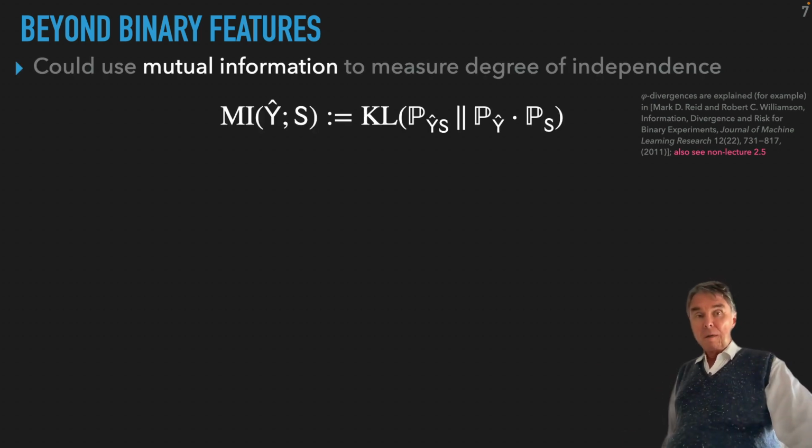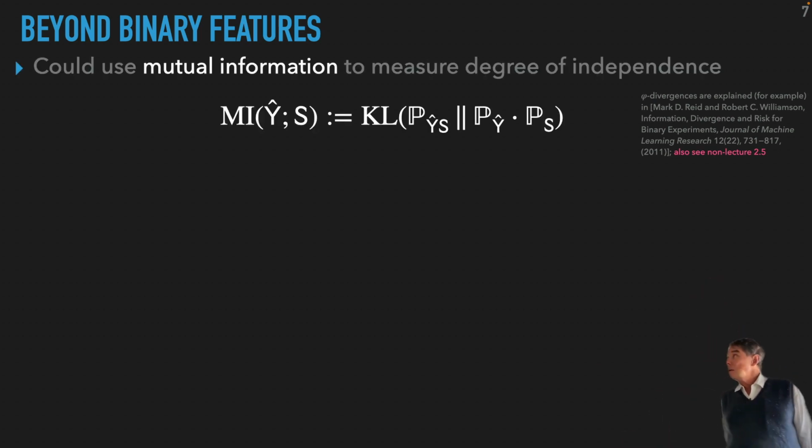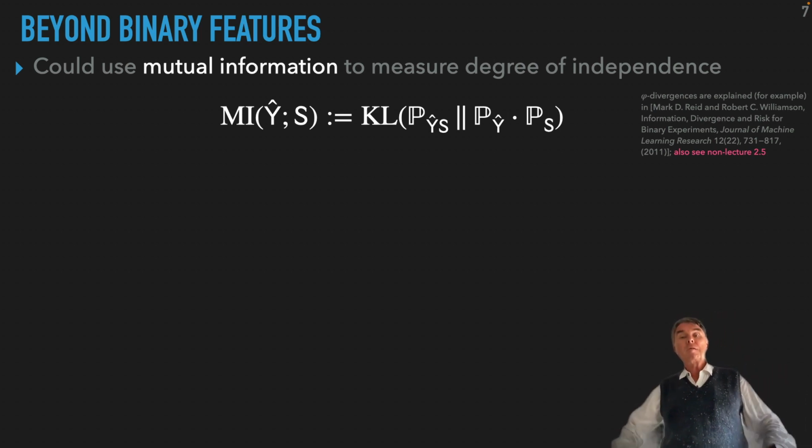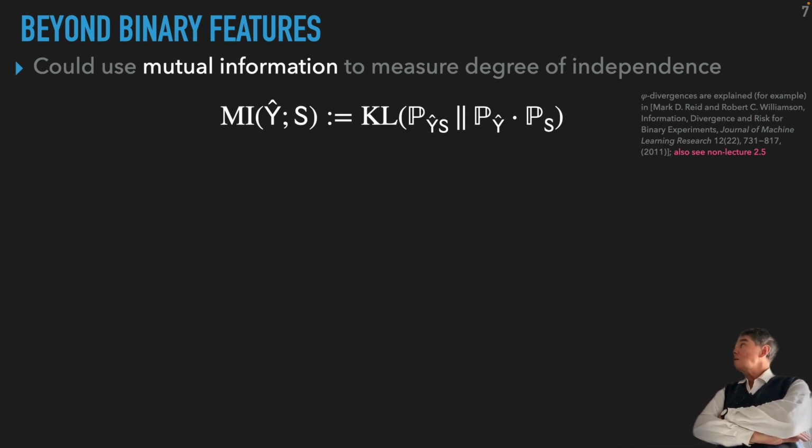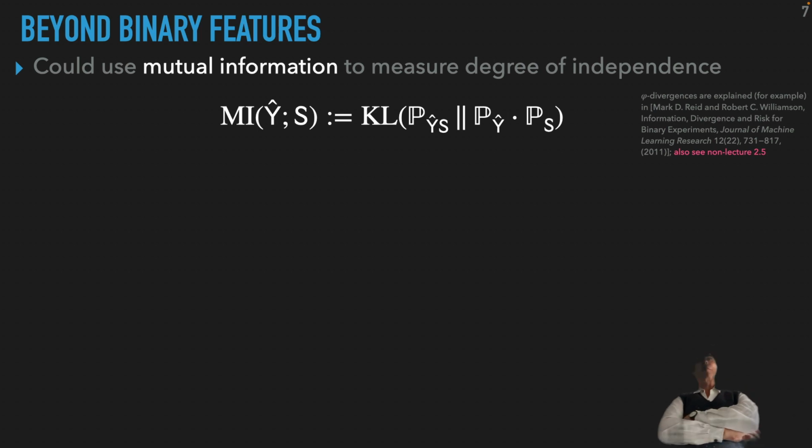Indeed there is. What we can do is use one of the standard mathematical tools in machine learning and information theory, which is the mutual information. If you've studied information theory, you would have learned that the mutual information between two random variables is a measure of dependence between them.